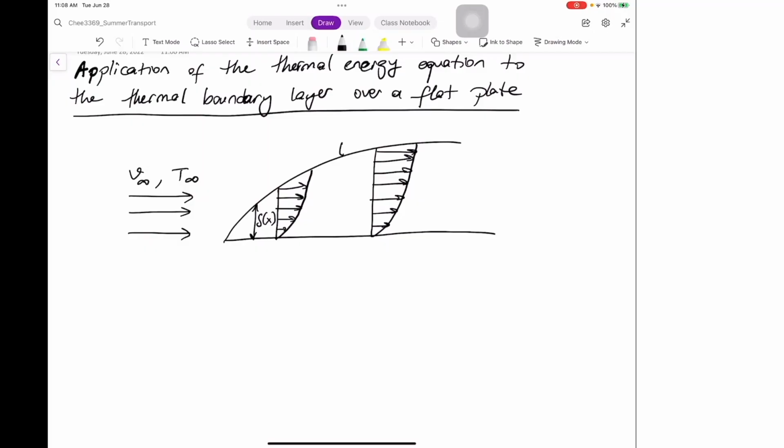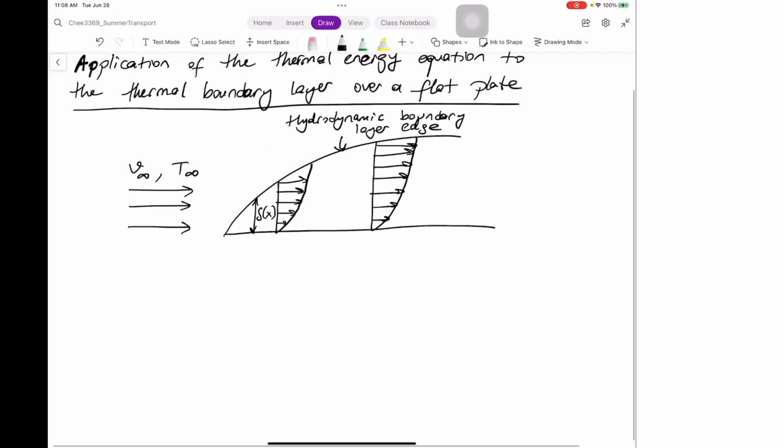Okay, and this layer is called the hydrodynamic boundary layer edge, and this is your plate.